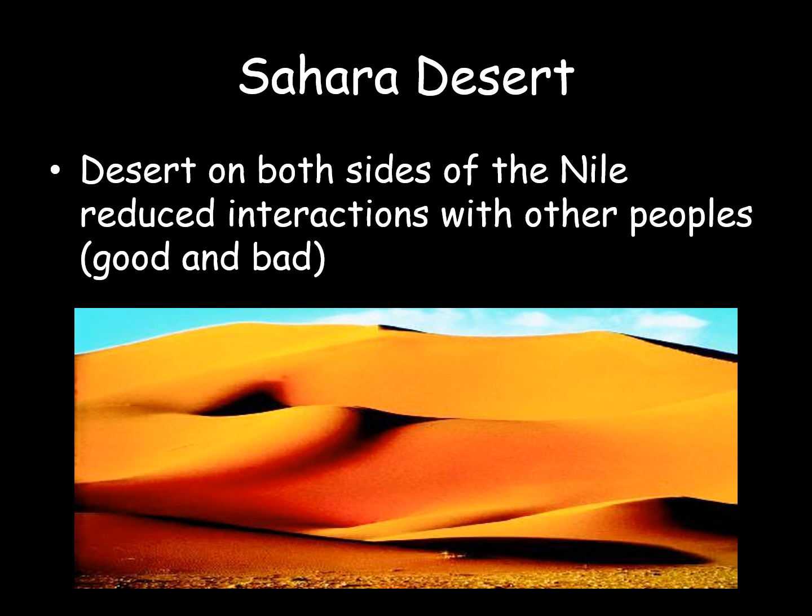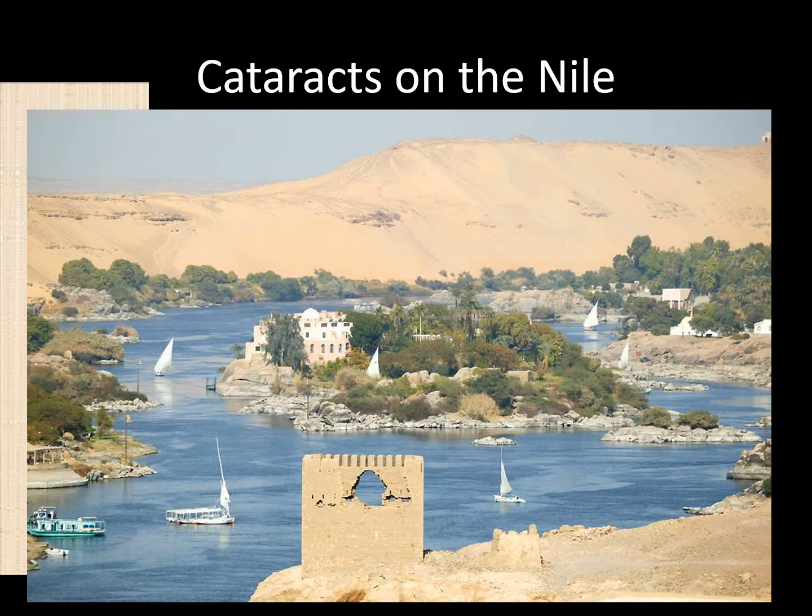Okay, so now we'll move on. One of the natural impediments that the Nile River presented to the people between the north and the south was the cataracts on the Nile. Cataracts are like white water, so they weren't navigable.